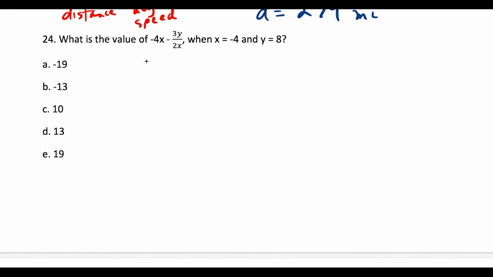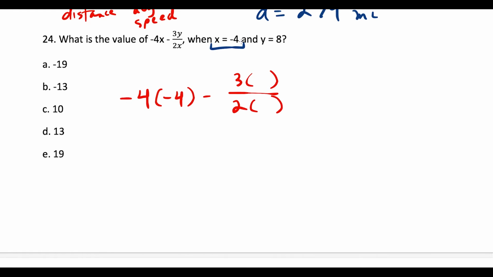So question 24, we're doing an algebraic substitution. We want to evaluate minus 4x minus 3y over 2x when x is negative 4 and y is 8. So here we have minus 4 times x. X is minus 4. And then we have minus, and then we have this fraction here. We have 3 times y over 2 times x. Well, just know here, maybe this will color code.